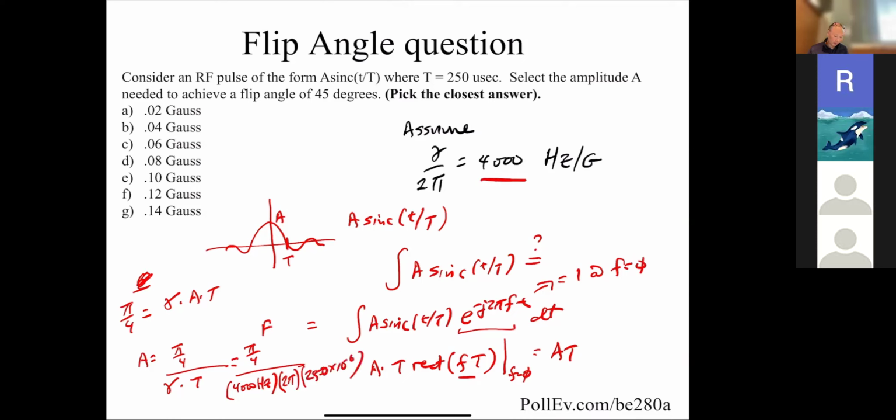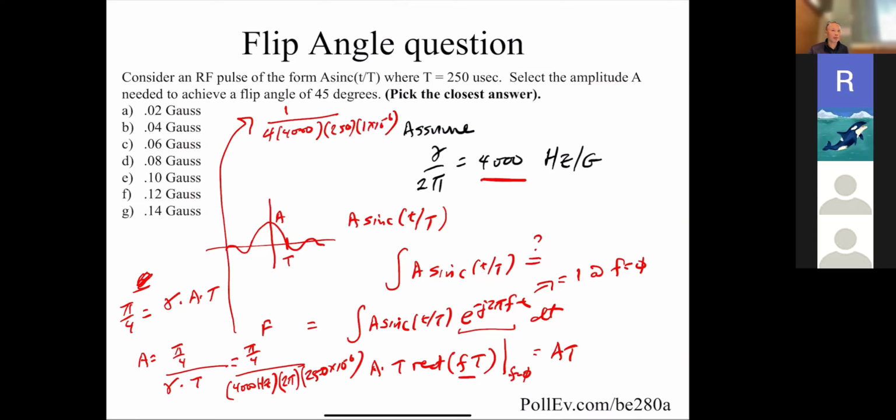Sorry, this is getting a little messy. Let's put it over here. So the pi's divide out, and I have 1 over 4 times 4,000 times 250 times 10 to the minus 6.